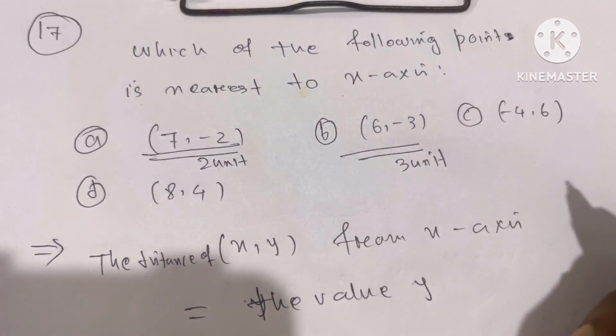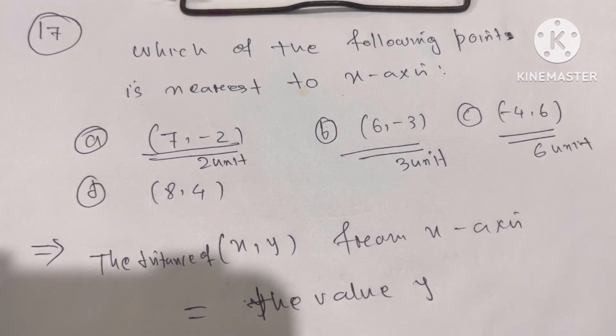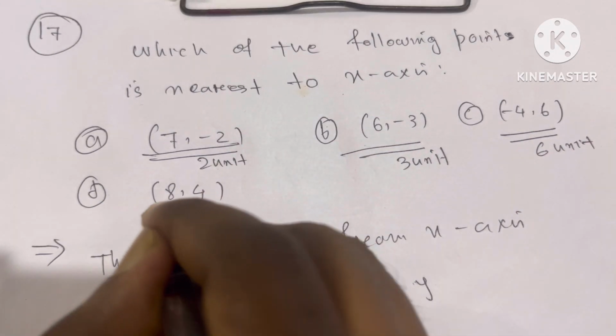Negative also, but we'll consider positive. The distance of this point from x-axis is 6 units, maybe 6 centimeter, 6 meter like that. And the distance of this is equal to 4 units.